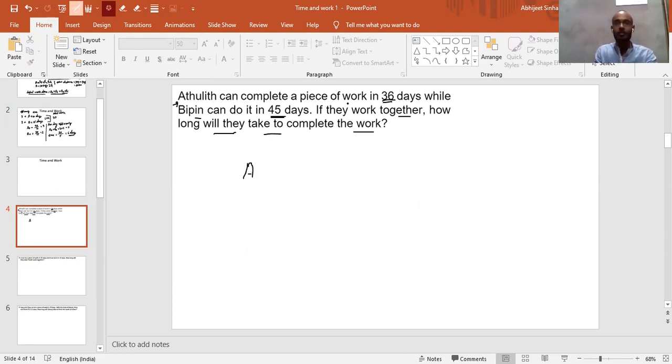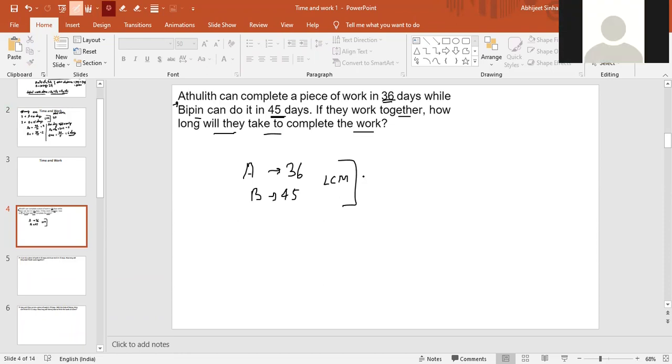So the given point here is that A can complete a work in 36 days. Don't write the complete name, just write the first alphabet of the name. So A is 36 days and B is 45 days. What will be the LCM of 36 and 45? Can anyone tell me immediately? So 180. Exactly, 180. Very good.